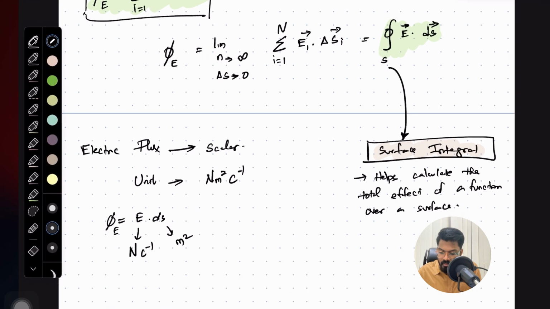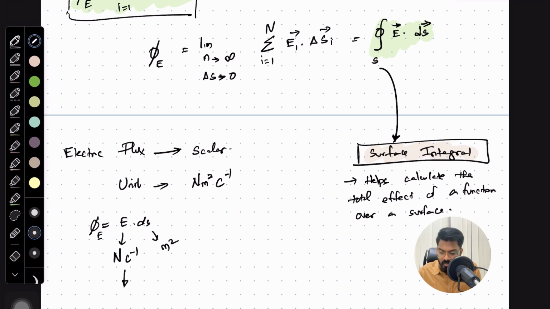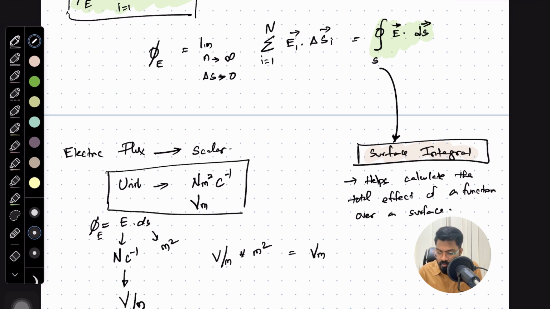E has another unit, which is volt per meter. If you do that, then volt per meter into meter square, we get volt meter. So that is also a unit of electric flux. The two units of electric flux are Newton meter square per Coulomb and volt meter.